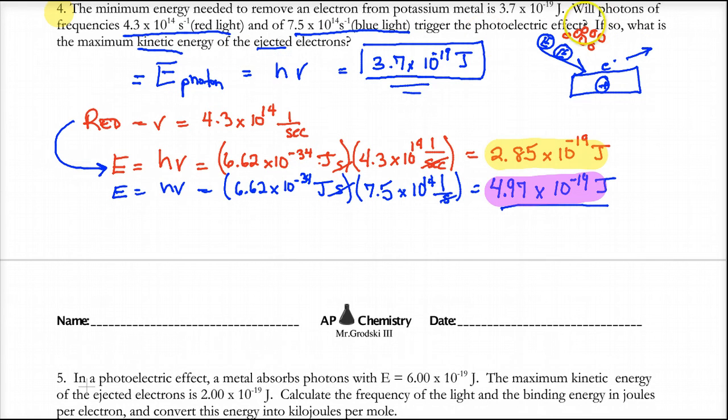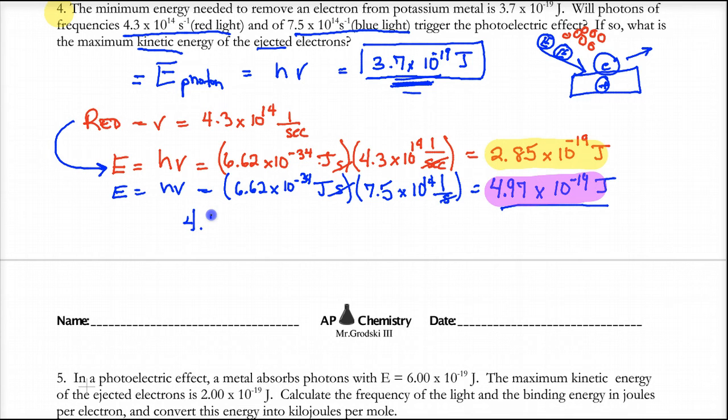So once you liberate an electron with this energy, any extra energy that you have gives the electron its kinetic energy. All you have to do to find the kinetic energy it could have is subtract these two numbers.